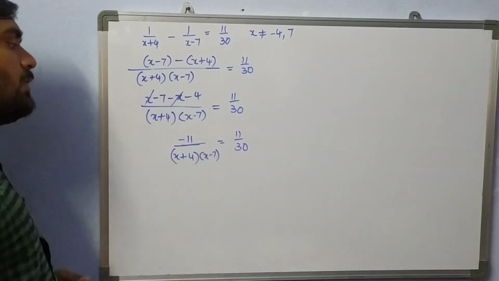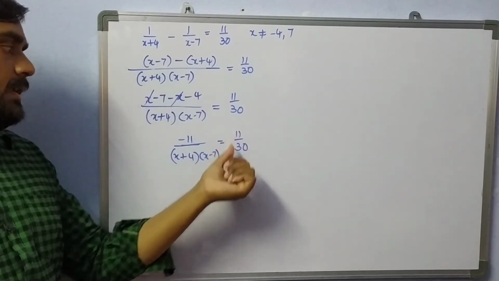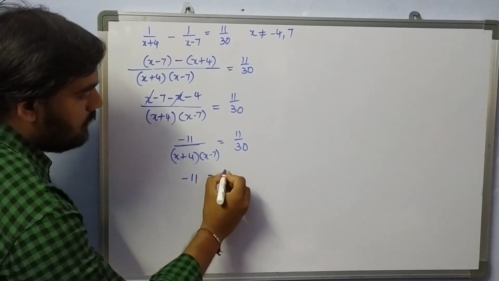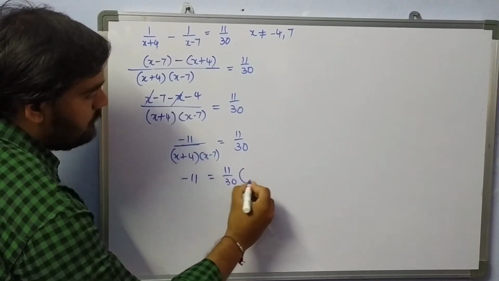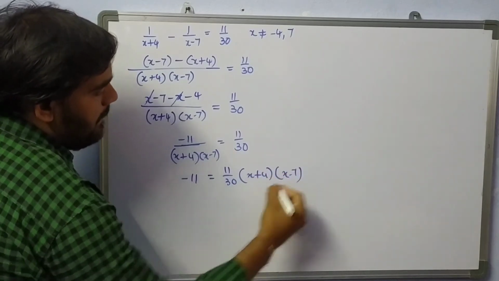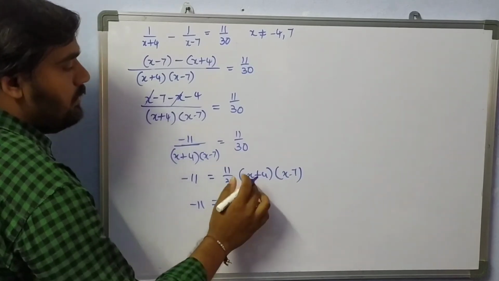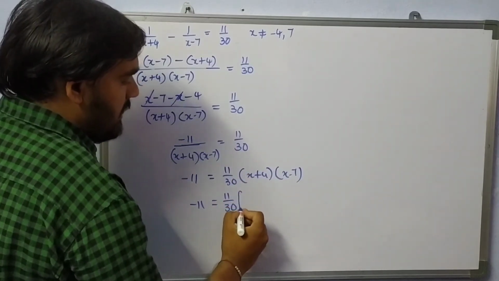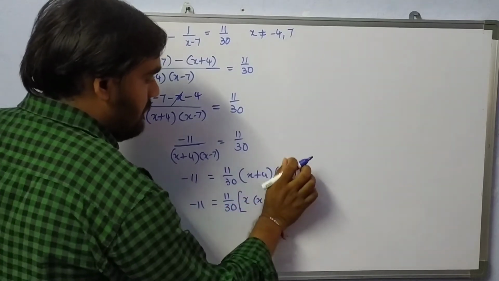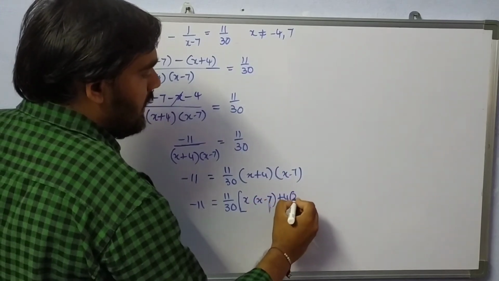So here x plus 4 into x minus 7, it is dividing. After is equal to, it will multiply 11 by 30. So here we will get minus 11 is equal to 11 by 30 into x plus 4 into x minus 7. Now here we need to multiply these two things: x into x minus 7 plus 4 into x minus 7.